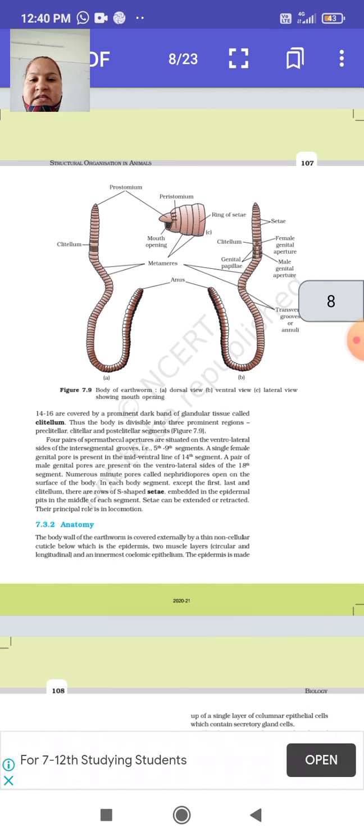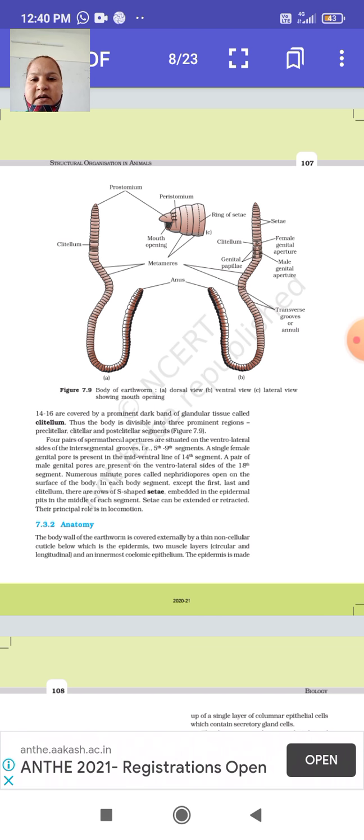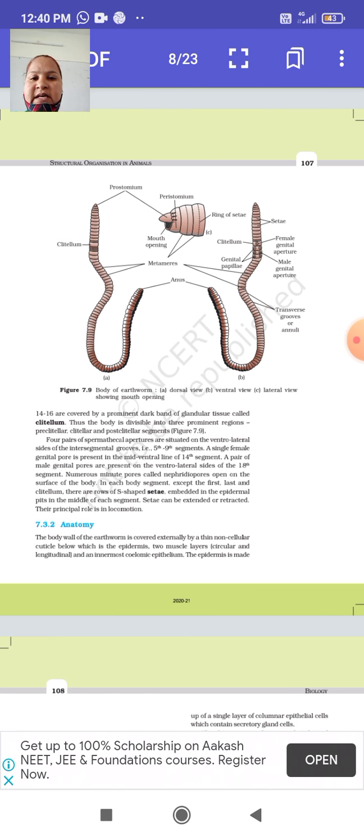Now on the basis of presence of clitellum, the body of earthworm is divided into three prominent regions. The area which is present above clitellum is known as preclitellar, then clitellar, and the area which is present below the clitellar is known as postclitellar segments.